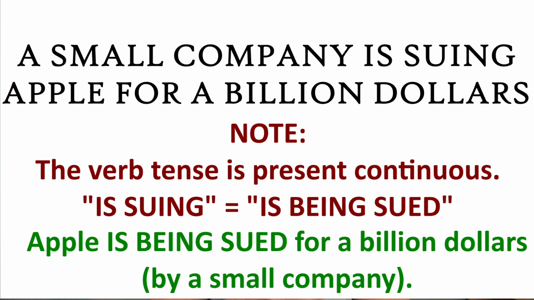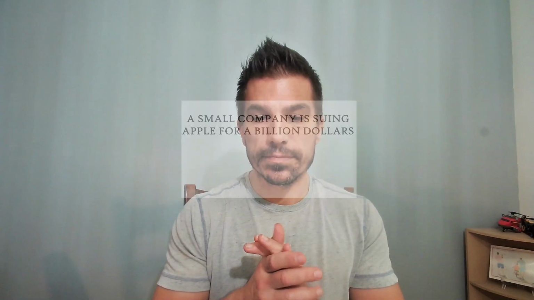Well, I change it to is being. Is being sued. Notice is suing becomes is being sued in passive voice. So Apple is being sued for $1 billion by a small company.